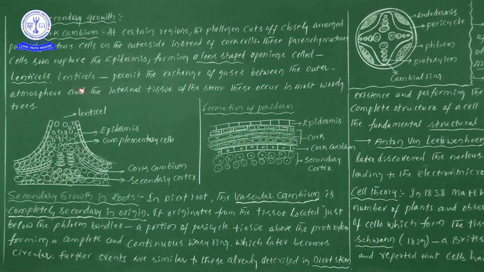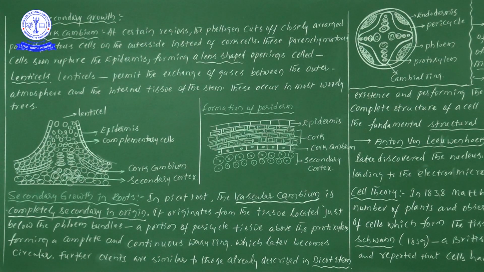Then what is the use of these lenticels, sir? They definitely are involved in the exchange of gases between the outer atmosphere and inner tissue. Why? Because, my dear students, I said secondary cortex is a living tissue. Definitely air, or oxygen, is required.